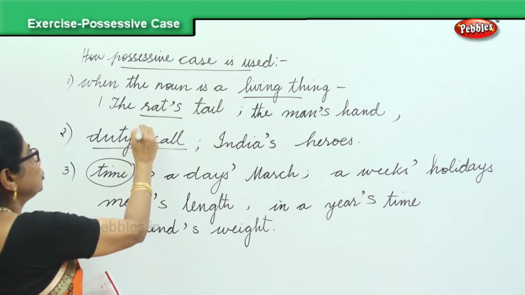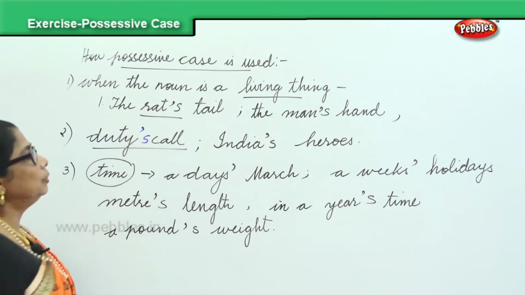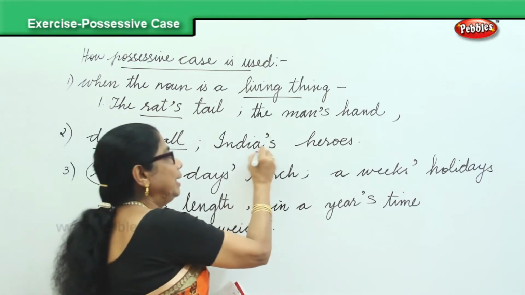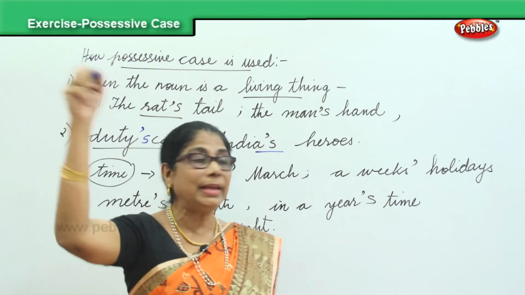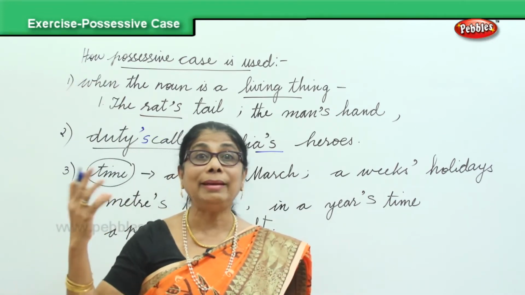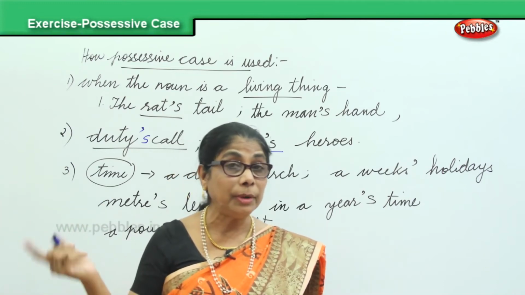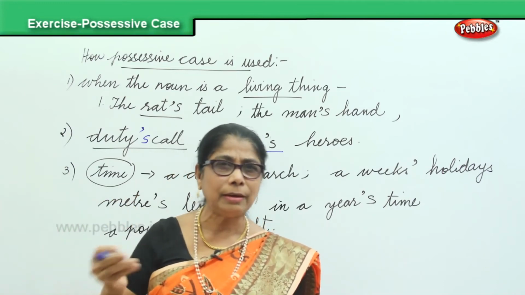You put the apostrophe and then you put the S. Then you say India's heroes or England's children. In the personified form, we talk about duty, India, all that.